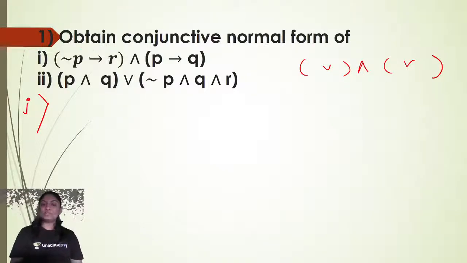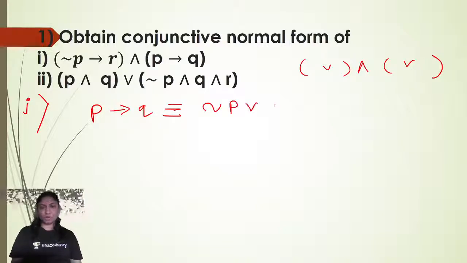So as we know, in the last lecture we have seen the equivalence of two statements. What do you mean by equivalence of two statements? Here P implies Q is equivalent to negation of P or Q. So in CNF, we require a conjunction of fundamental disjunctions.